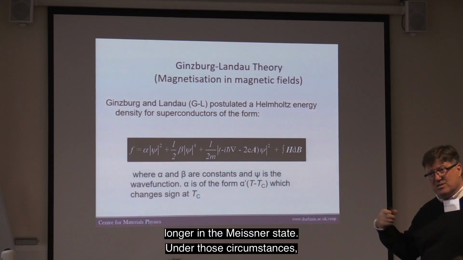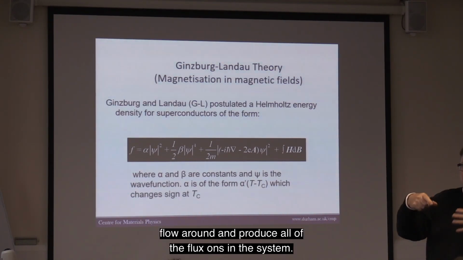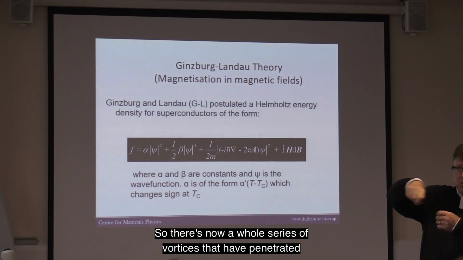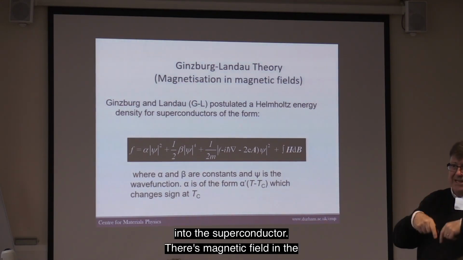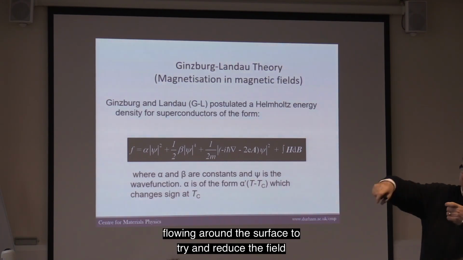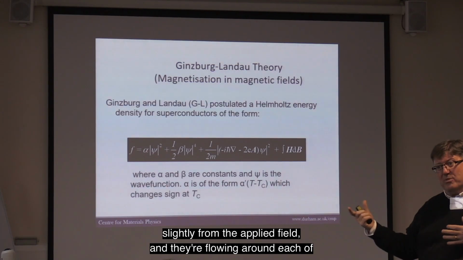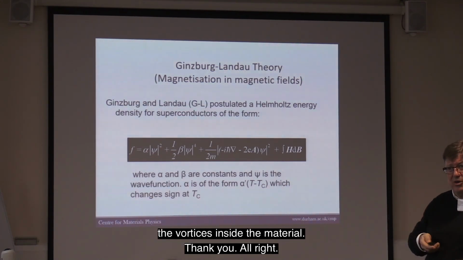Under those circumstances, when the field gets in, now the superelectrons have to flow around and produce all of the fluxons in the system. So there's now a whole series of vortices that have penetrated into the superconductor. There's magnetic field in the superconductor, and the superelectrons are both flowing around the surface to try and reduce the field slightly from the applied field, and they're flowing around each of the vortices inside the material.